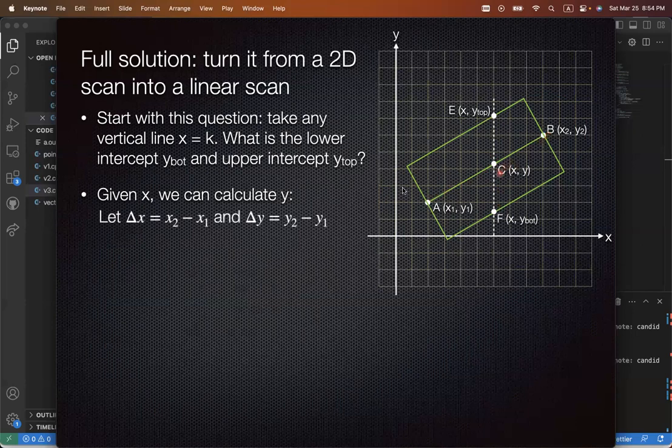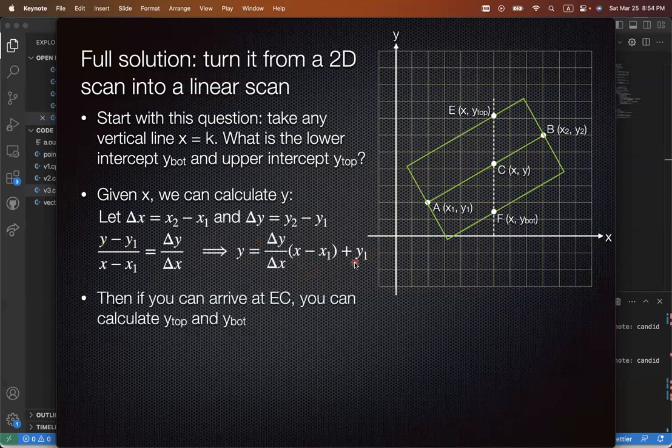So first, let's simplify this by letting delta x be the change in x, and then delta y being basically this vertical line. Based on principle number one we talked about earlier, we can deduce that the line AC has the same slope as line AB.